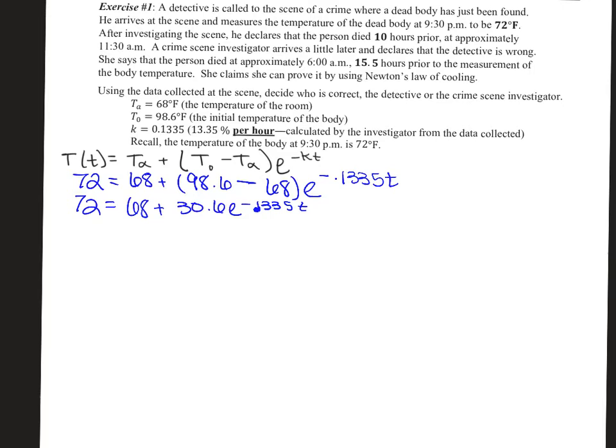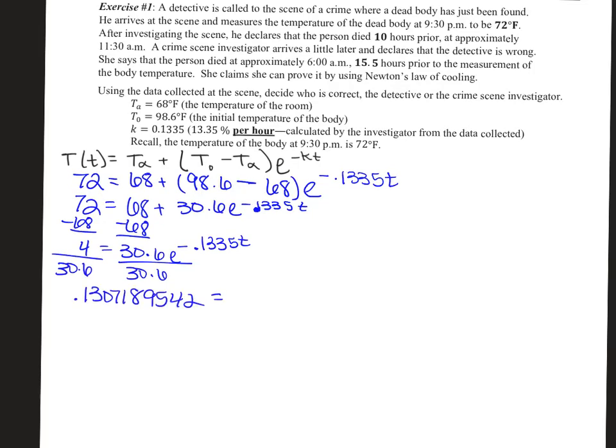So I am now going to subtract 68 from both sides. That's going to give me 4. And now I'm going to divide both sides by 30.6 because that's in front of the E. I want to get rid of that.